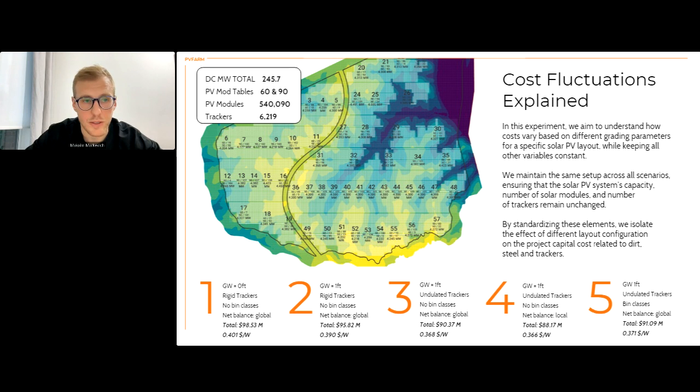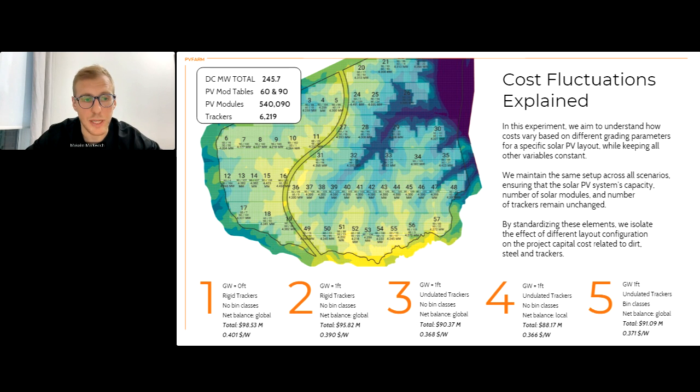Basically, we picked a project and generated a 245.7 megawatts DC layout, with the same amount of modules and the same amount of trackers. And then we decided to play around with those main components, namely dirt, steel, and equipment, right?